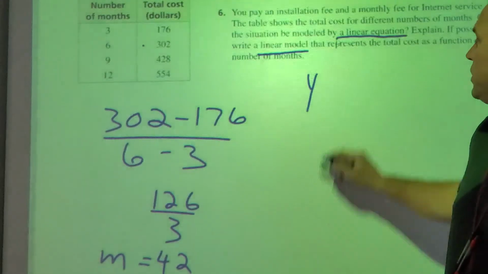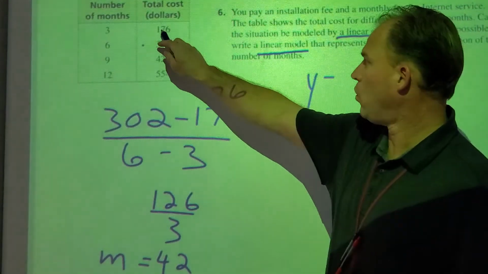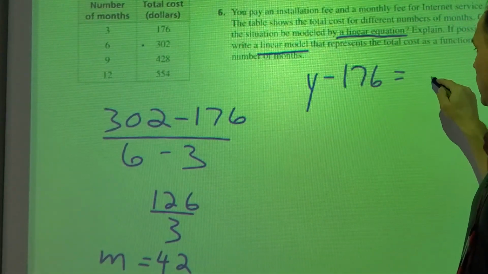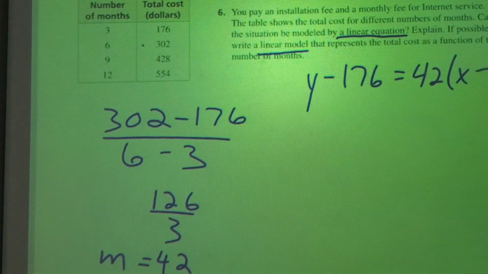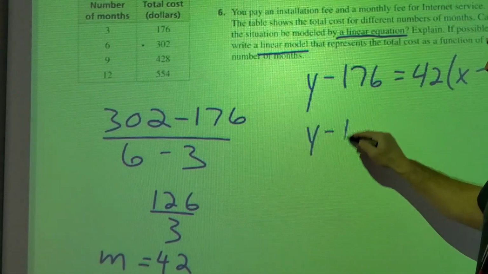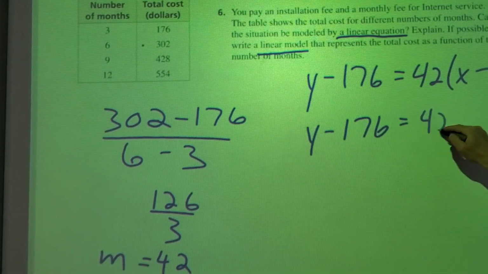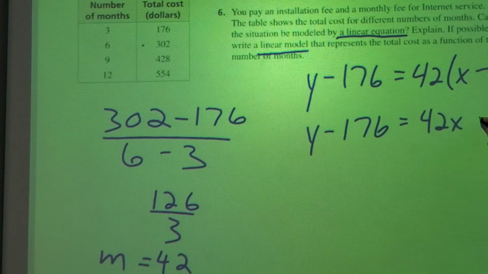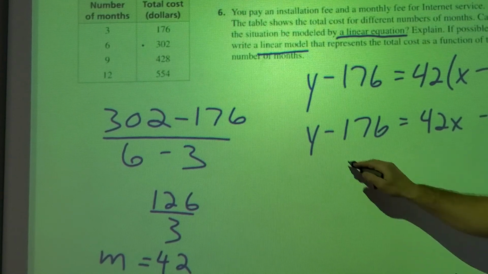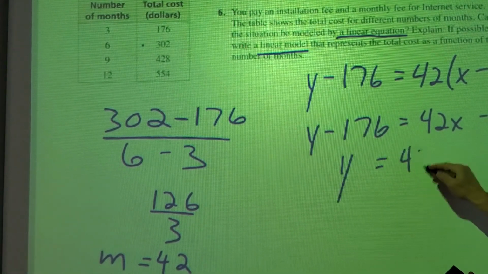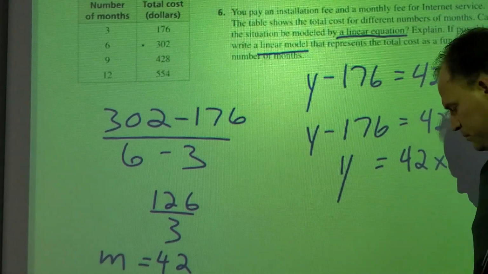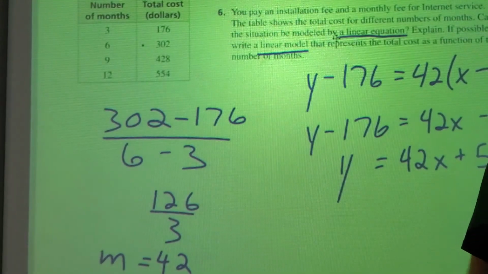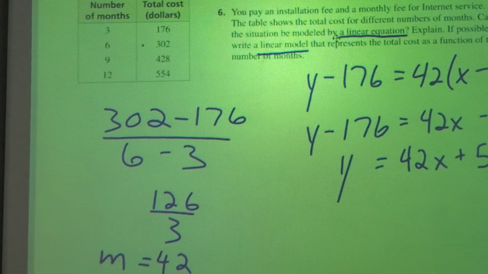Do the same thing we've been doing. y minus y1 equals slope times x minus x1. And finish the problem. Now, it's an equation. So what does this mean?